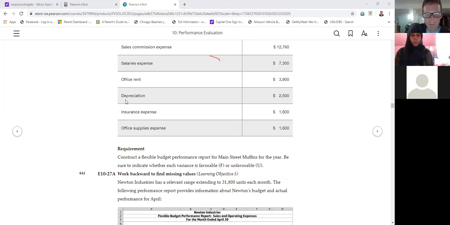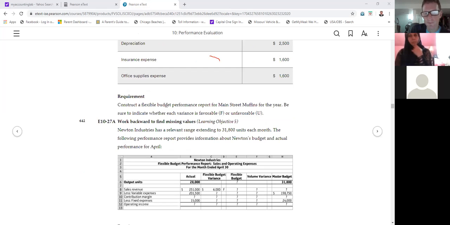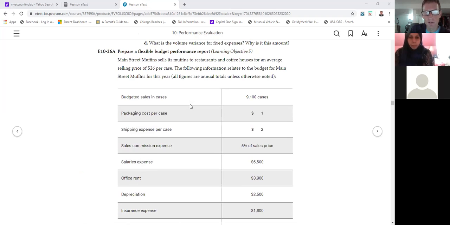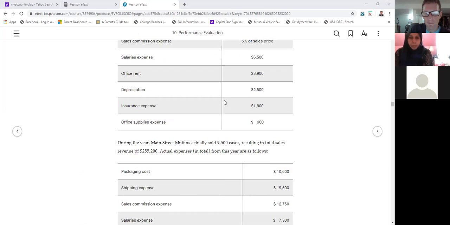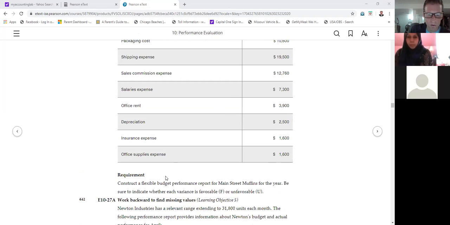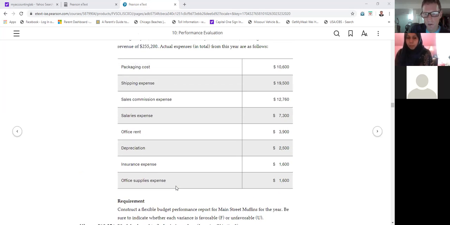Now, the problem says prepare a flexible budget. So hopefully one thing you've learned today, and here's the little quiz I'm going to ask you guys. We've got budgeted units of 9,100. We've got actual sales units of 9,500. If you were to then prepare a flexible budget, they don't want the master budget, they want the flexible budget. Here's the question.